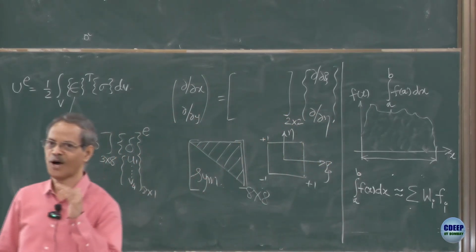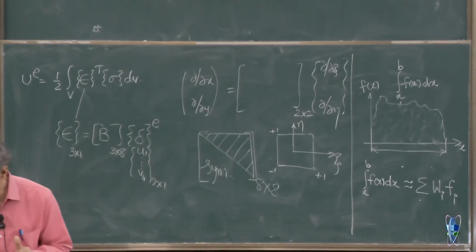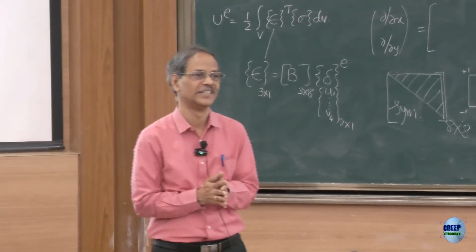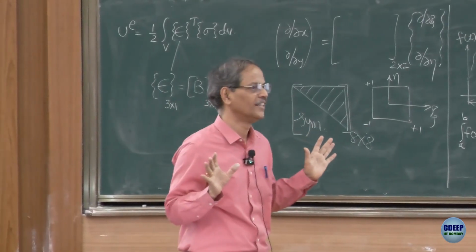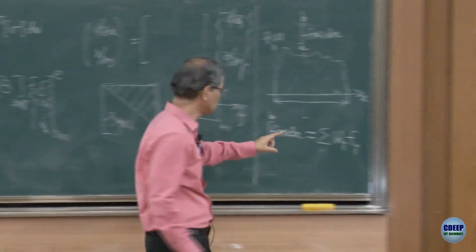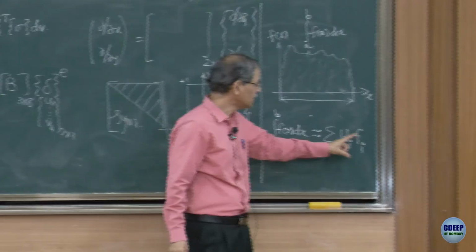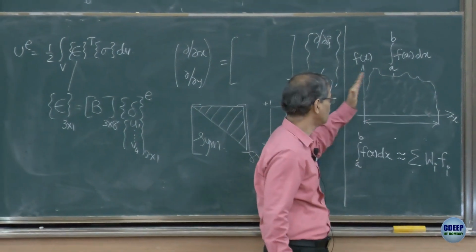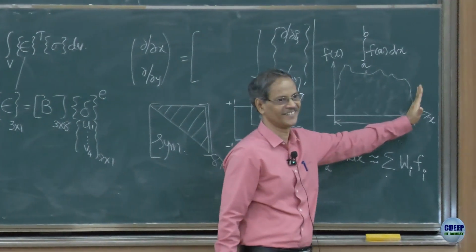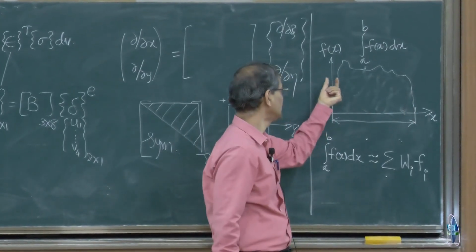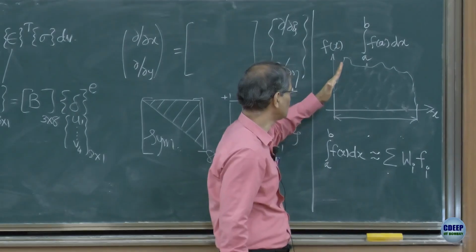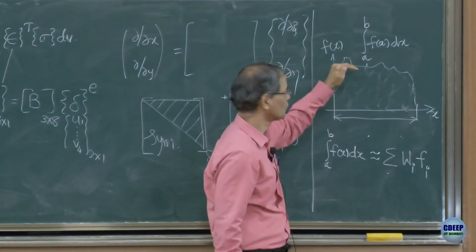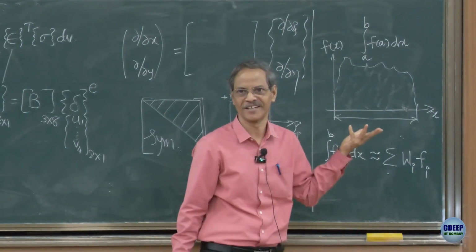That is how I want you to look at the structure of this computer based integration formula. Now, this weight will change. You are evaluating the value of the function at some intervals, approximating the variation to be a constant, which is rectangular rule, linear, which will be trapezoidal rule, a quadratic curve, which would be Simpson's rule.